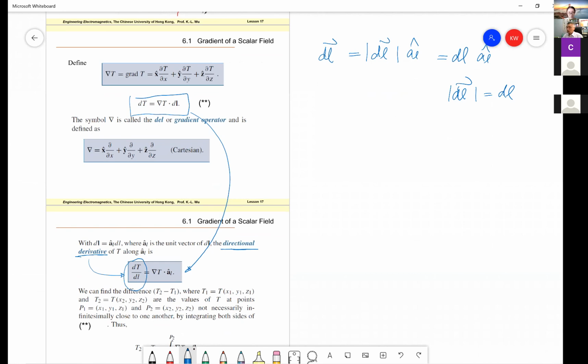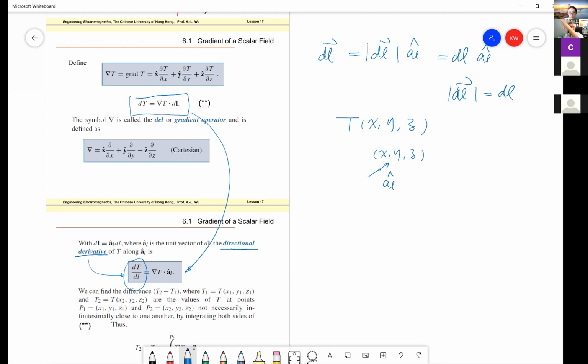What that means is, if I have a temperature field and I'd like to describe a certain point, and if I define a direction, I will say, hey, how does the temperature change in this direction?